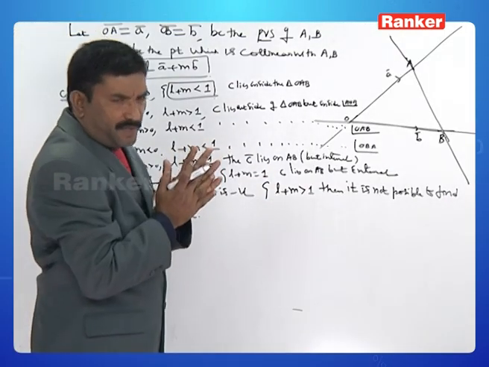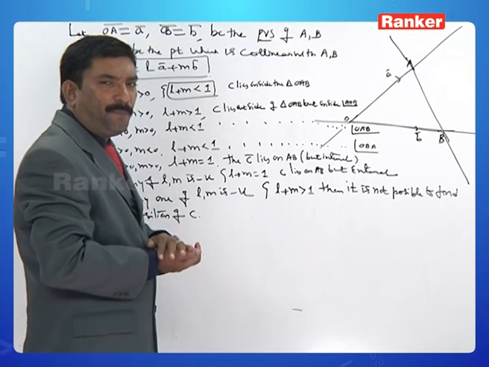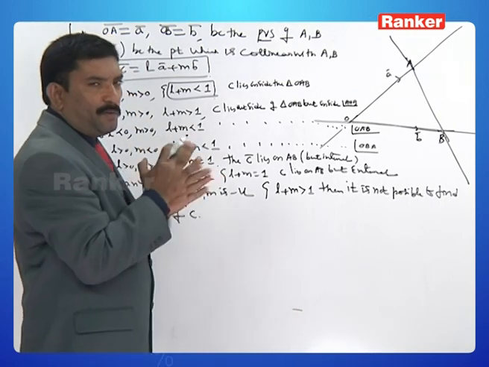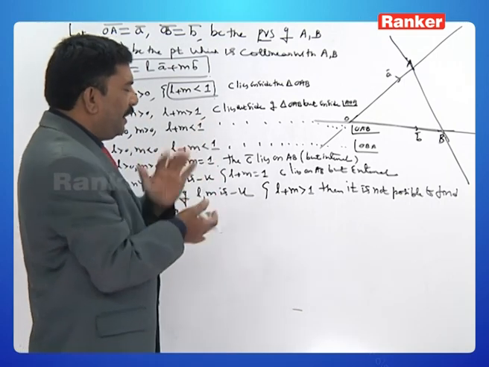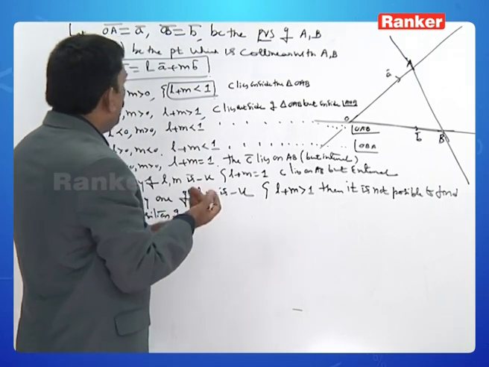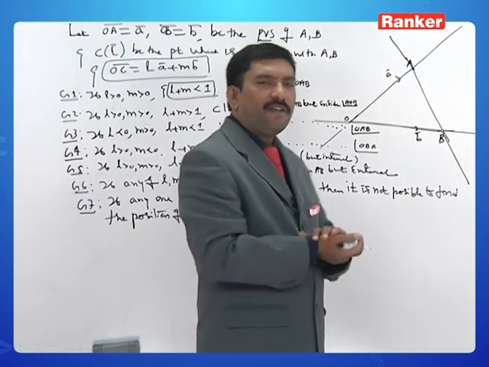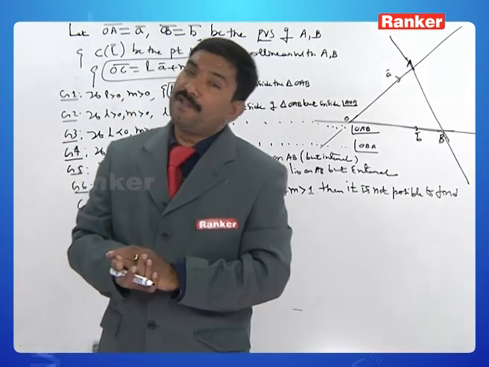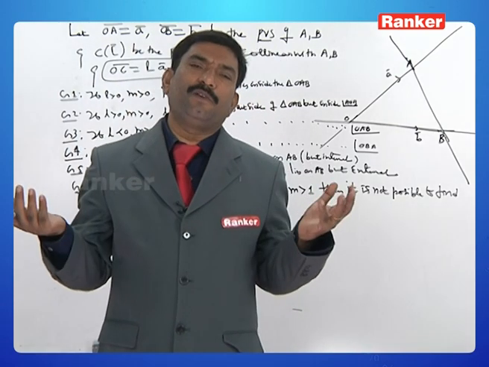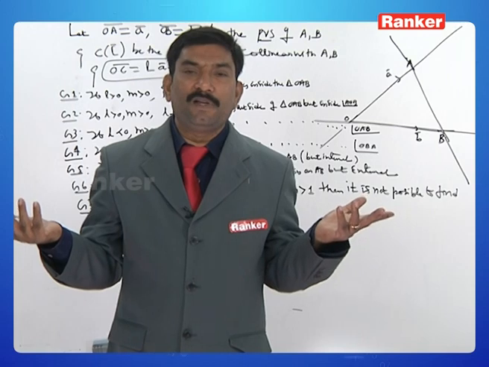Then I give some counter examples, then you will be satisfied. As it is, you will be having some abstract idea about this. Now you know already the vector equation of a straight line passing through 2 points A bar and B bar: R bar is equal to 1 minus S into A bar plus SB bar.